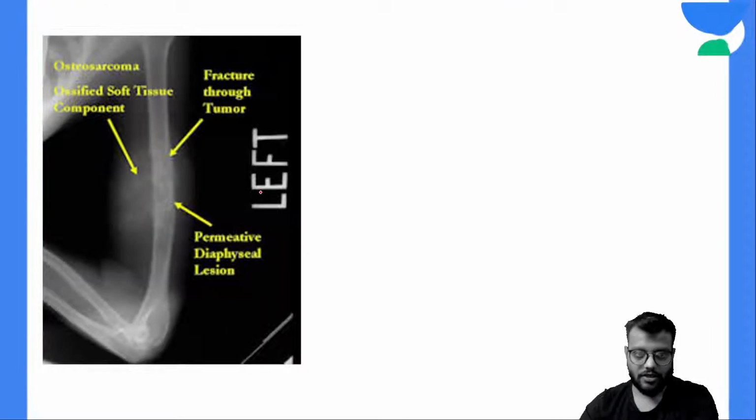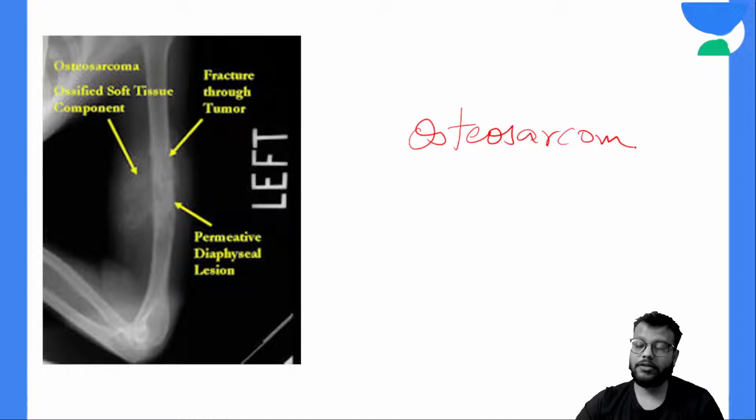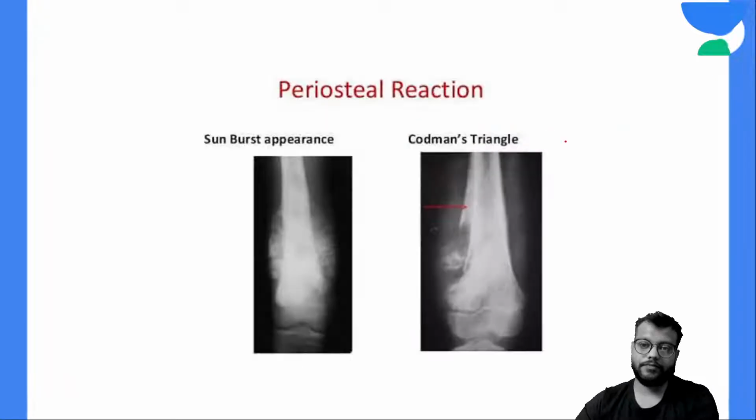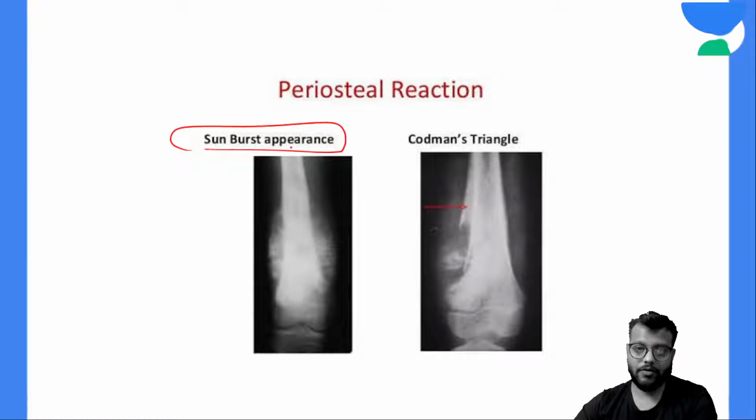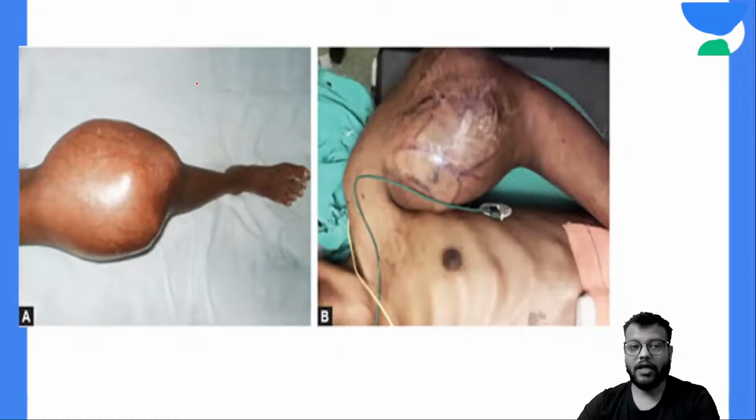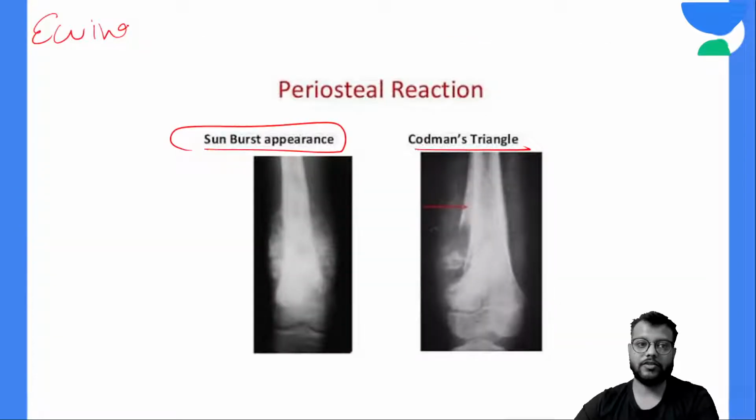Here also you can see the osteosarcoma with irregular and intense periosteal reaction. So this is your sunburst and this is your Codman's triangle. Now, one thing that you need to remember is the differentiation between Ewing sarcoma and osteosarcoma.